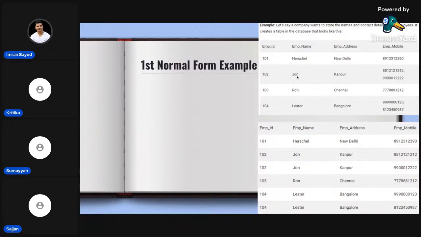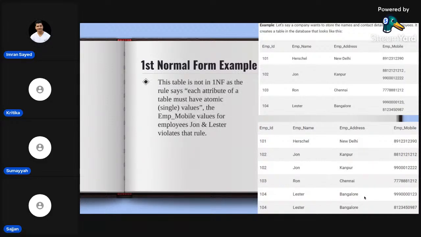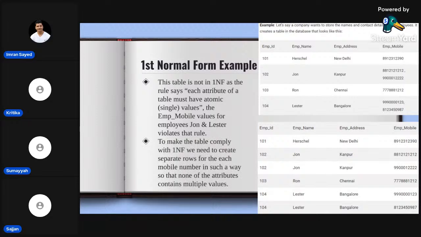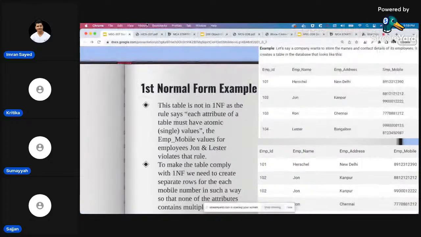Like you can see here, John 102 has been put twice, and the same thing goes for Lester over here. So to make the table comply with 1NF, we need to create separate rows for each mobile in such a way that none of the attributes contain multiple values.